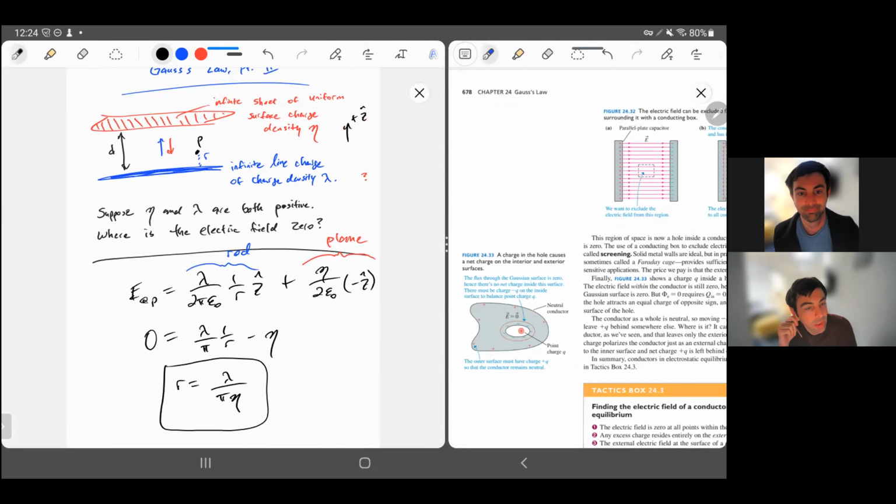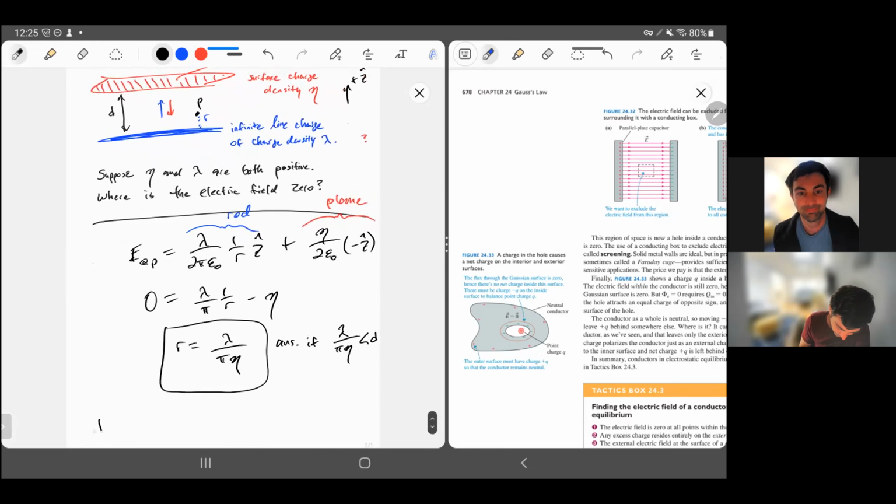When we started this problem, we didn't know the values of lambda and eta. So this r could be greater than d, but that would give us a contradiction. So this is the answer if this value is less than d. If it's less than d, then it makes sense. Then this point is in the region in between these two.